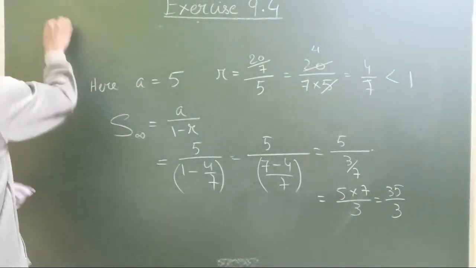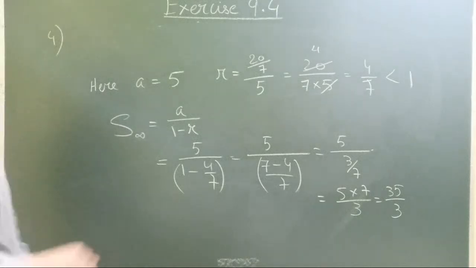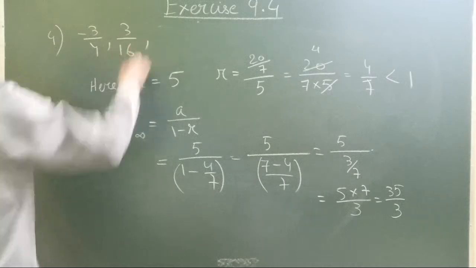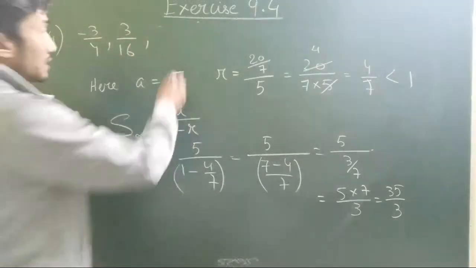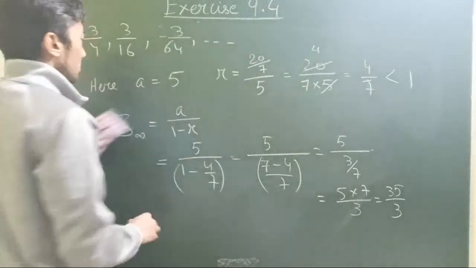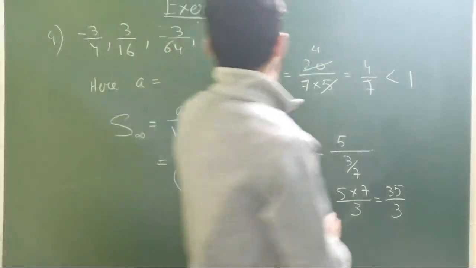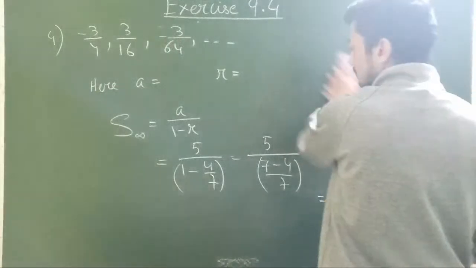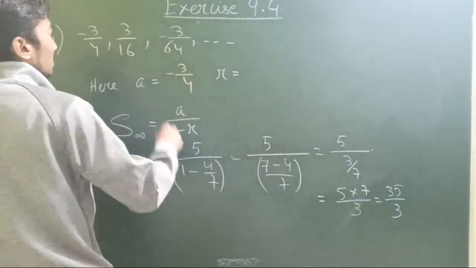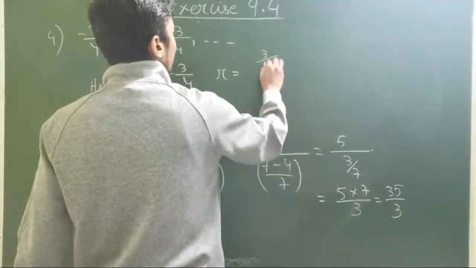Question number 4. Minus 3 by 4, 3 by 16, minus 3 by 64, and so on. So the first term is minus 3 by 4, common ratio 3 by 6.